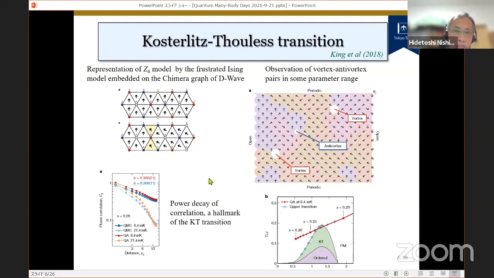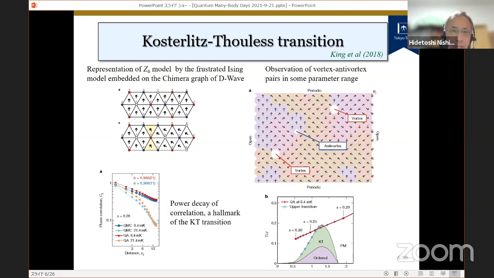So this is a discrete version of the XY model, in which the direction of a spin is restricted to 6 possible ways. But it is known that at a finite temperature or a finite quantum fluctuation, this discreteness is erased by fluctuations, and the system behaves effectively as a continuous spin system.